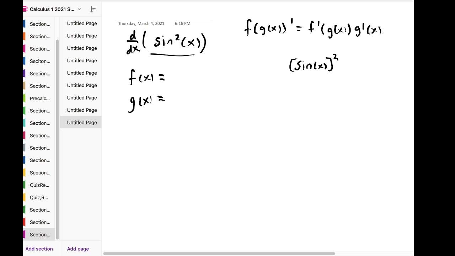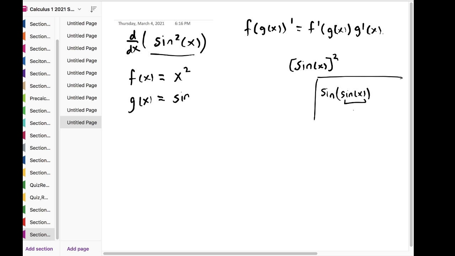F and g. Okay, we'll do this also. Yeah, x squared is f. If sine was f and g, this is what it would look like. We'll do that one as well. You're plugging sine of x into sine. But in this case, f is actually x squared, and g is sine. You're plugging sine into x, and then you're squaring it. So the squaring function is a function.